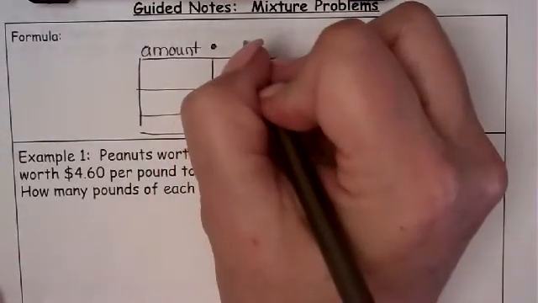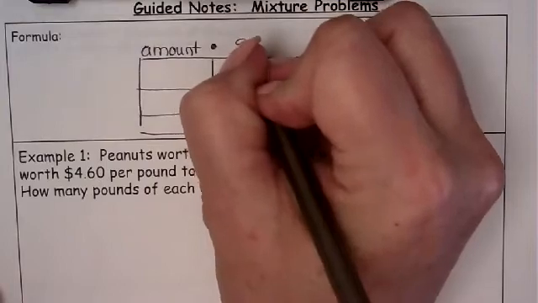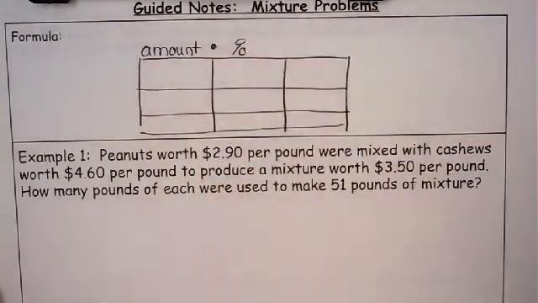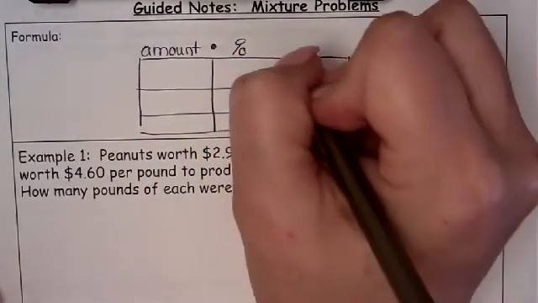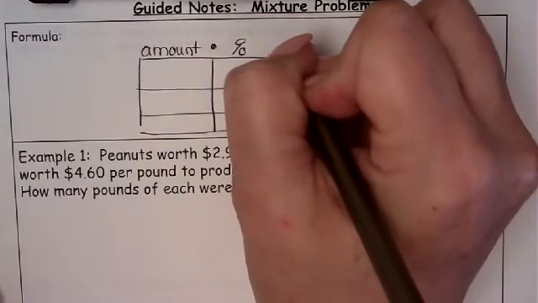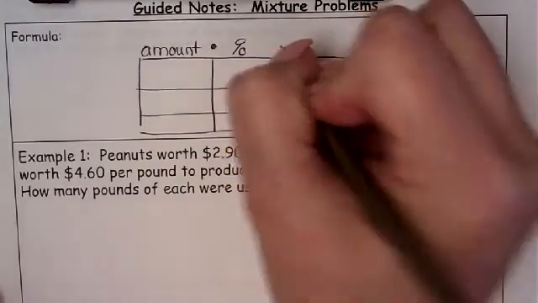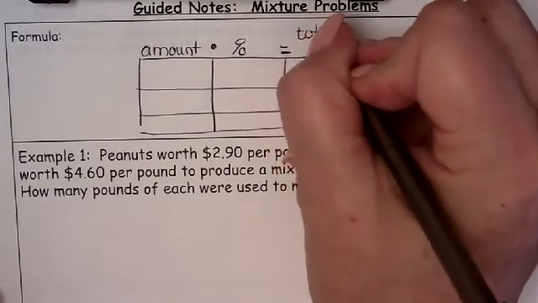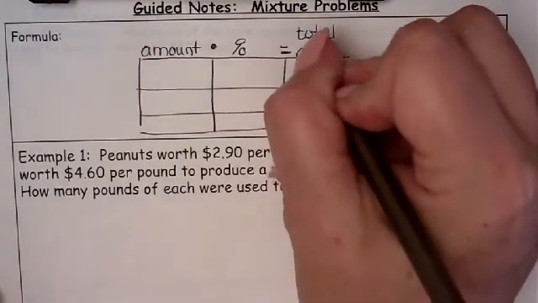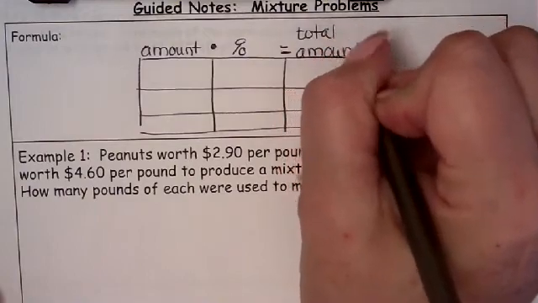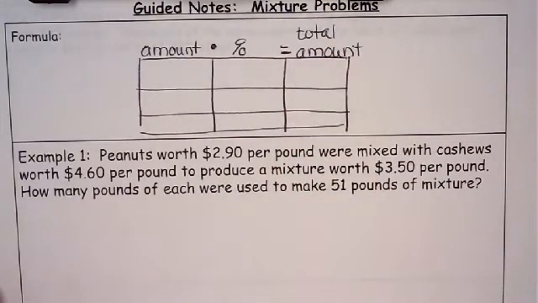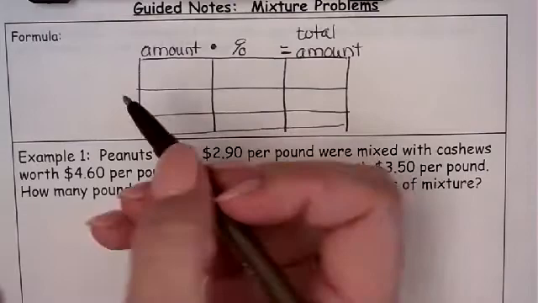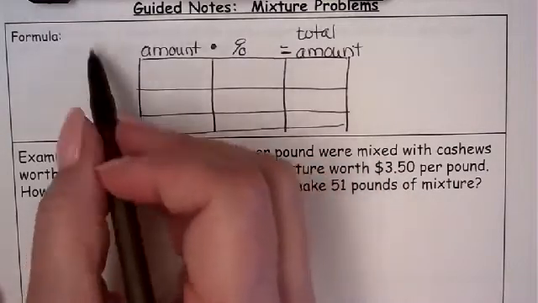This column is going to be percentage. Right here between these 2 columns, we're going to have an equal sign. And here I'm going to write total amount. Now, our row headers.